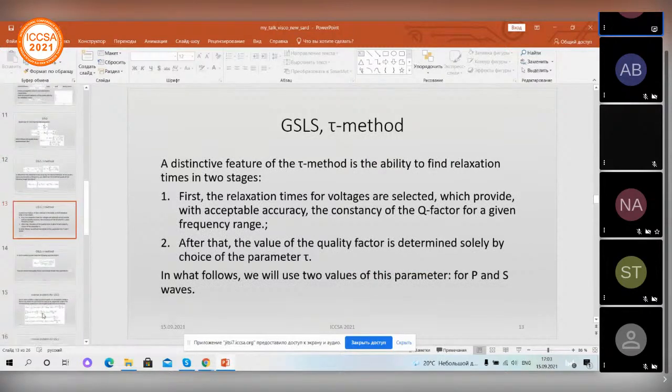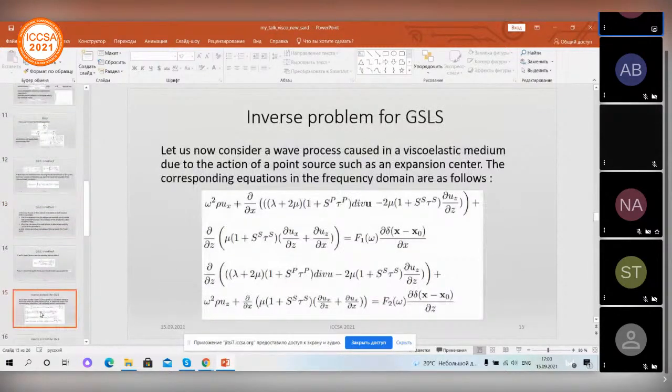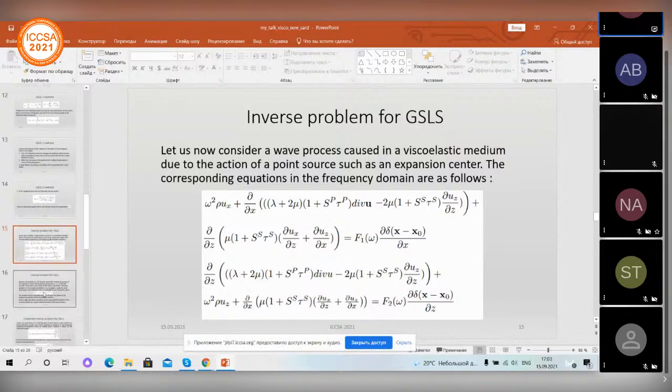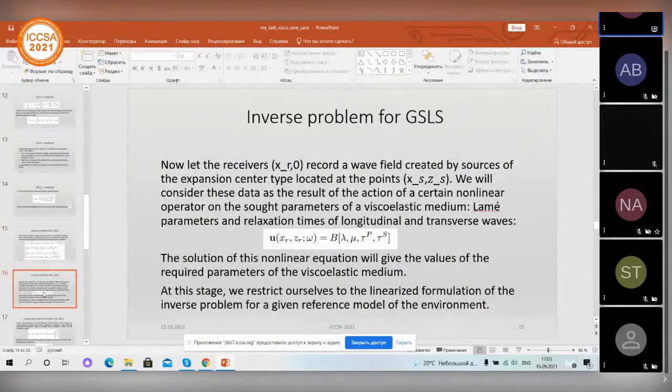So let me move to the equations which we use for description of the wave propagation through the elastic media. They look like this. You see that here are the two parameters, tau p and tau s. These are the parameters which are responsible for the attenuation, and we will concentrate on the recovery of these parameters.